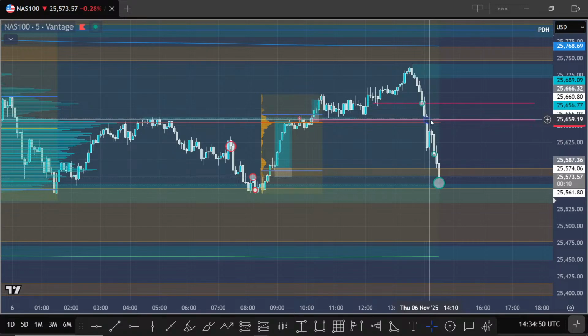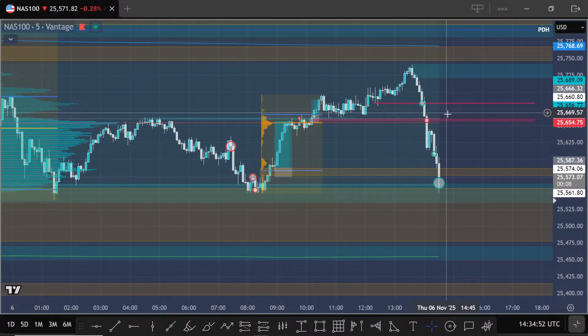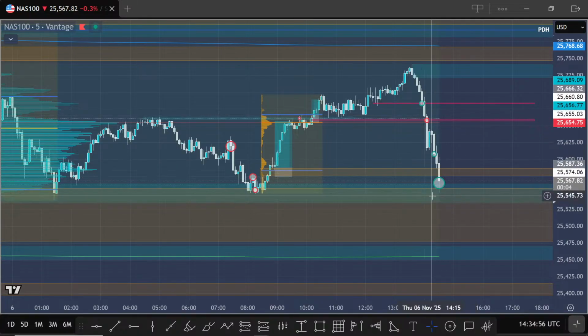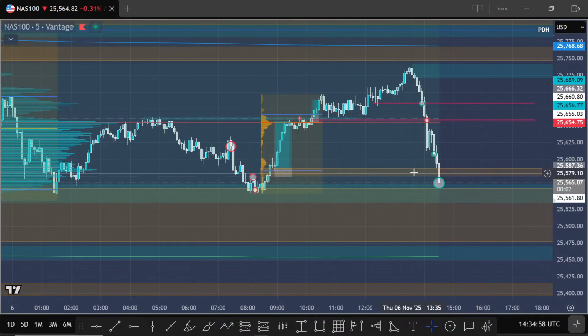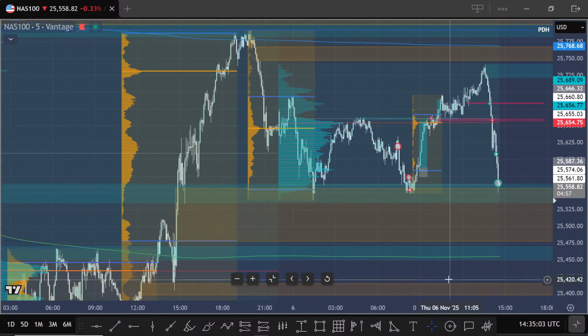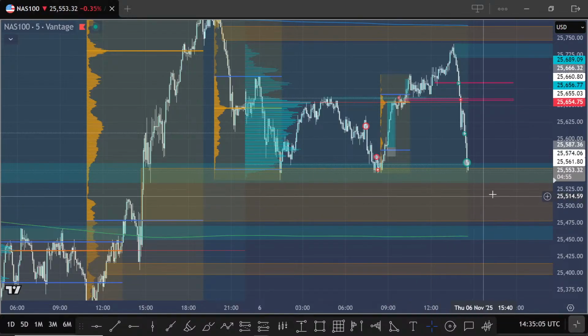Now we've got a big trade sell there. Yeah, so value area low plus a low volume node.